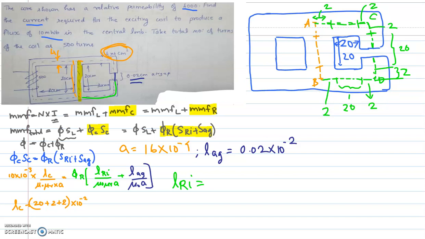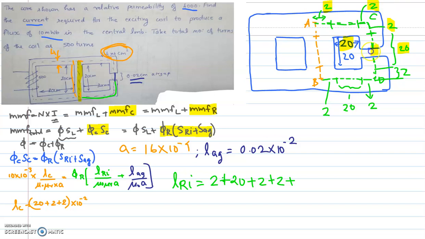So I am going to write it one by one. 2, that is this one. Then it is 20, so plus 20, plus this 2, plus this 2, plus. Here we are looking at the length of the iron path. So in total this length is 20.